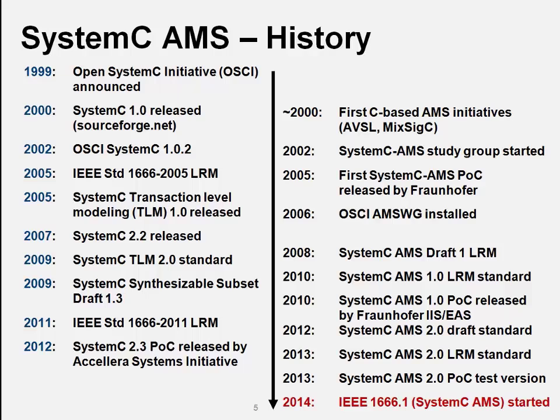Because of the ten years of development in that area, it has been proven, it is robust. And what you see just at the bottom is we are moving to bring this standard to the IEEE. Within the Accellera organization, we have released 1.0 and 2.0. So now the time is right to bring the standard into the IEEE. We have started a working group called 1666.1, so that this becomes a .1 standard of the existing SystemC language.